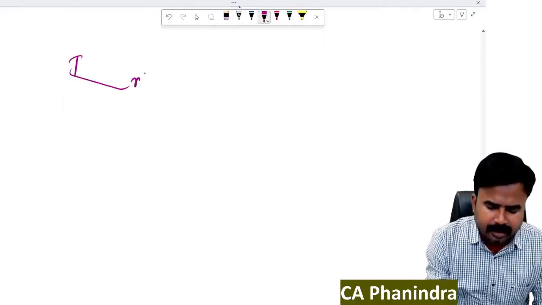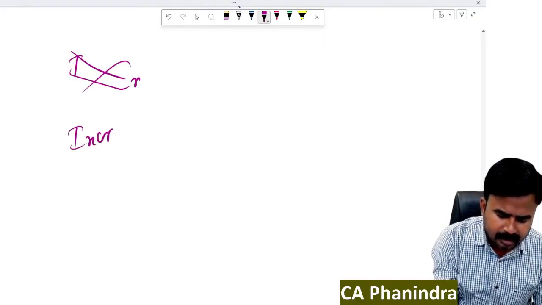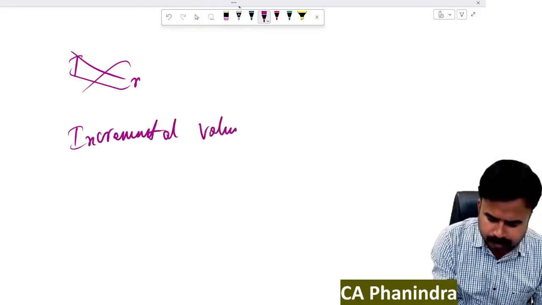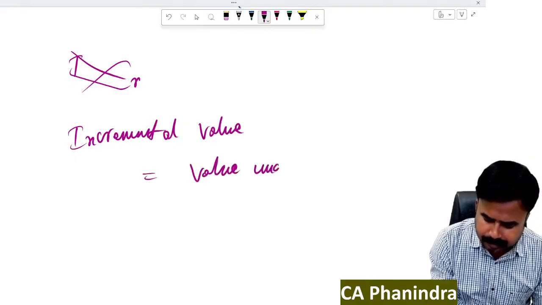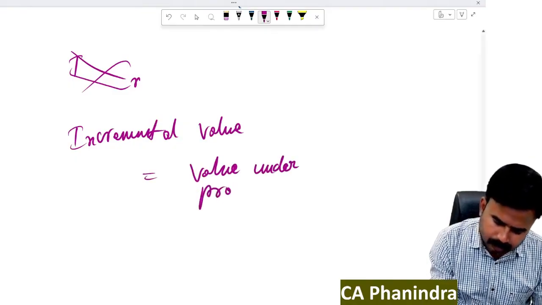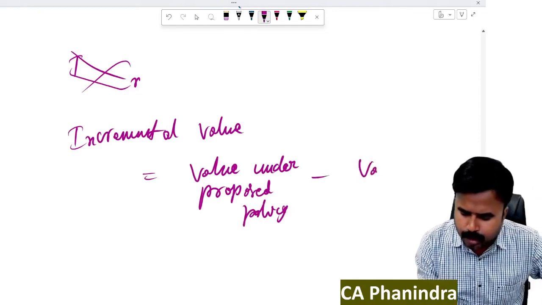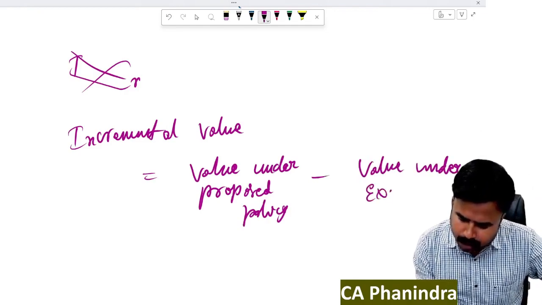The formula for incremental value is: incremental value is equal to value under proposed policy minus value under existing policy.